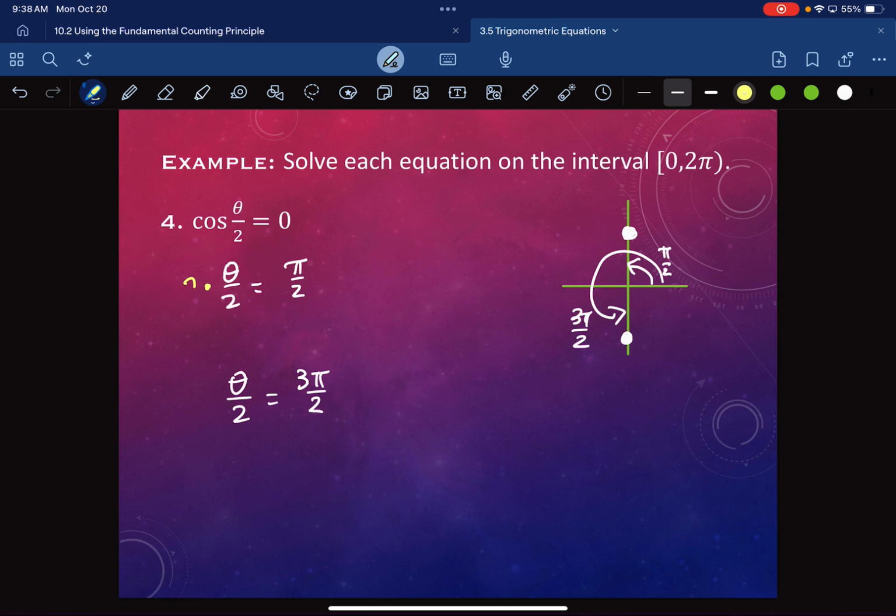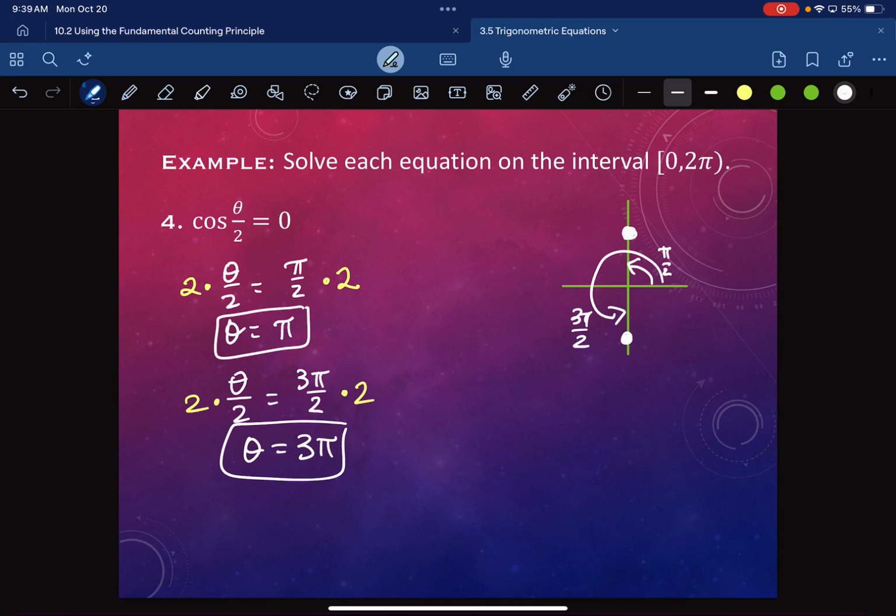Multiply both sides by 2. Okay, so let's do that to both equations. The first one, what will theta equal? Pi over 2 times 2. Pi, thank you so much. I promise I can wait longer than you guys can. All right, good deal. How about 3 pi over 2 times 2? 3 pi, right?